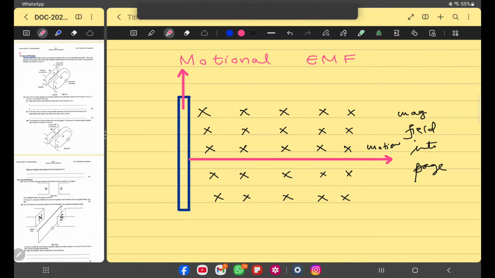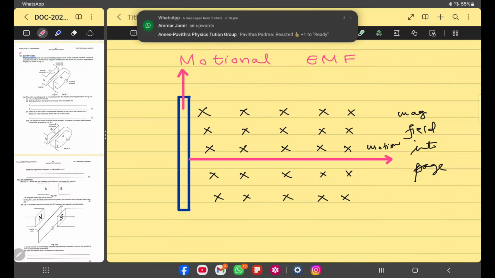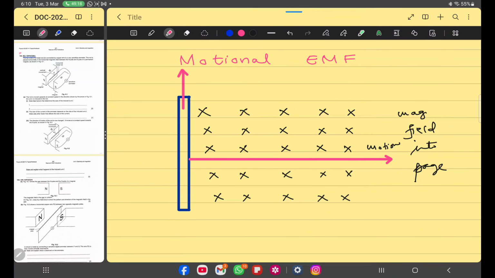If I am using the left hand rule, my first finger towards the screen, my second finger towards the right hand side, then my thumb is pointing upward. And according to the rule, electric current is generated in the upward direction.